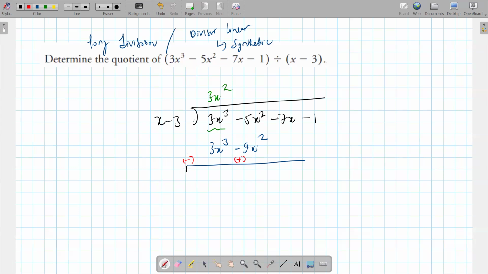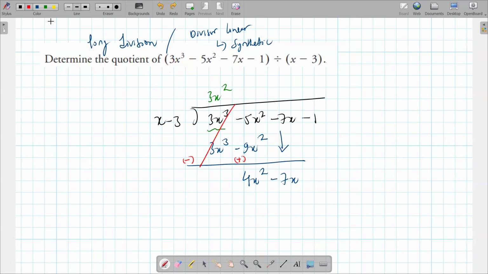So 3x cubed minus 3x cubed gone. Negative 5x squared plus 9x squared is 4x squared. Positive 4x squared. And when you cancel a term, as we did here with the 3x cubed, we're allowed to bring another term down. And then you rinse and repeat. What goes up here? What do you multiply x with to get 4x squared?